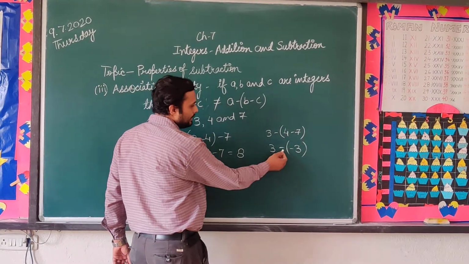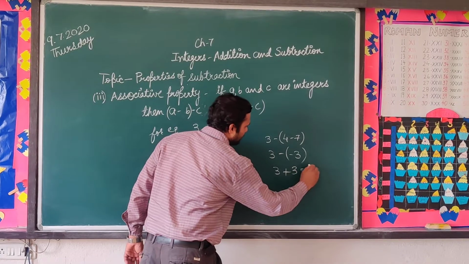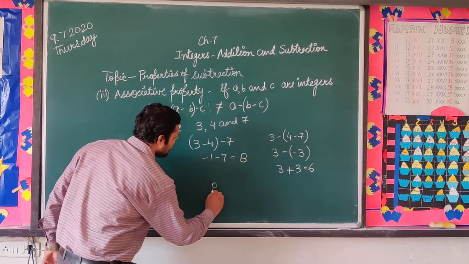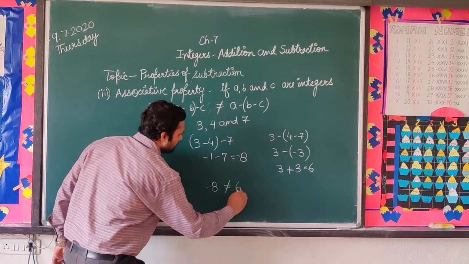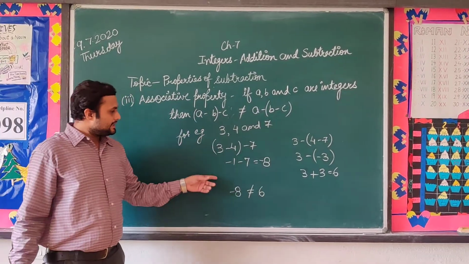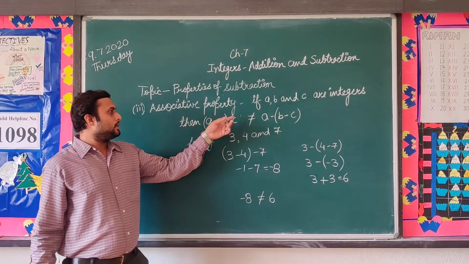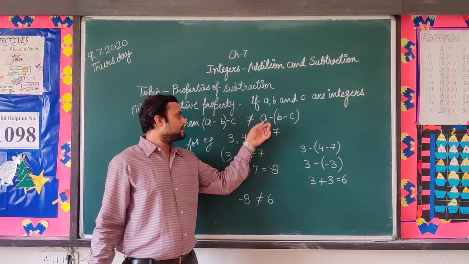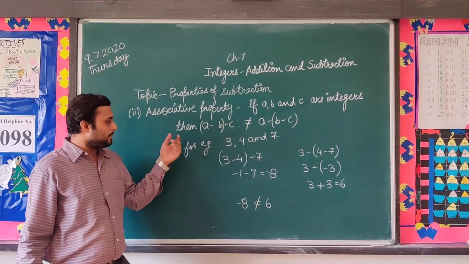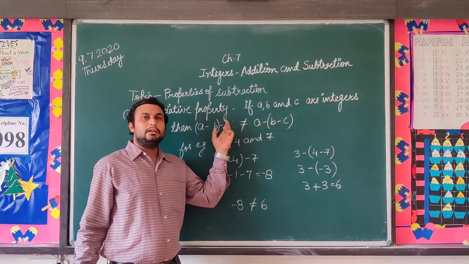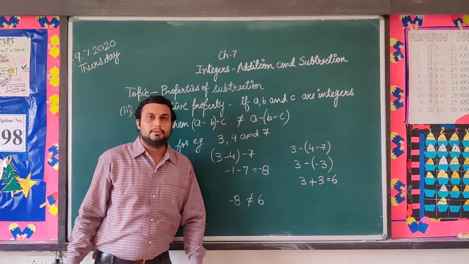We know the negative of a negative integer will give you the positive. So this minus 8 is not equal to plus 6. So this property shows a minus b, bracket, minus c is not equal to a minus, bracket, b minus c. So both these things are not equal to each other. It is not good for subtraction.